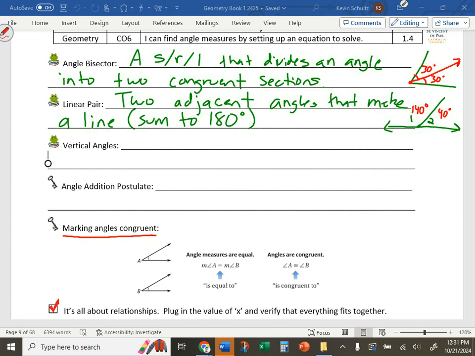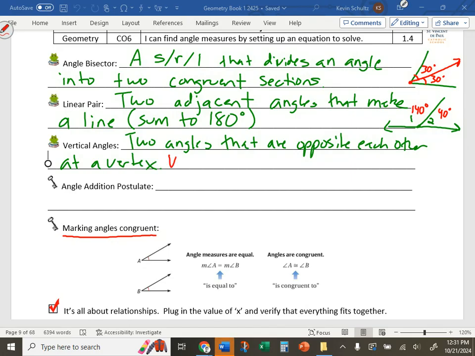Vertical angles. Two angles that are opposite each other at a vertex. And here's the relationship with vertical angles.